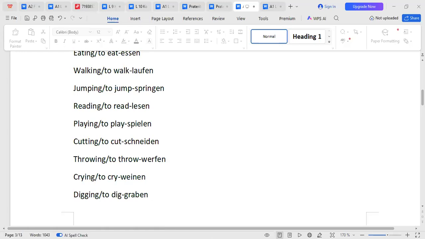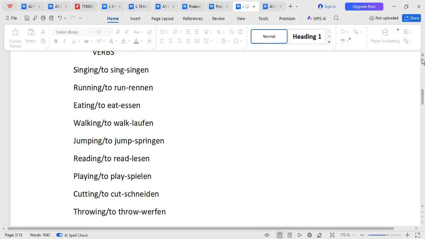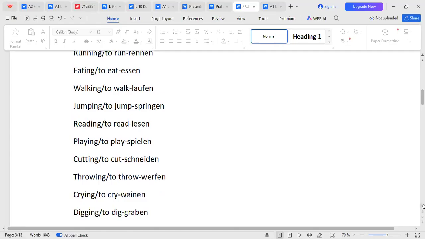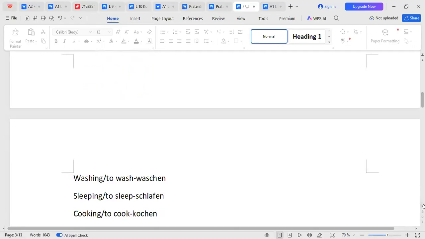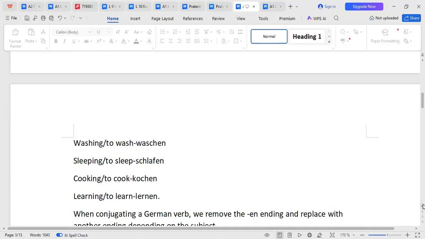So from the list that I've read: laufen, springen, essen, rennen, singen, spielen, schneiden, werfen, weinen, graben, waschen, schlafen, kochen, lernen.